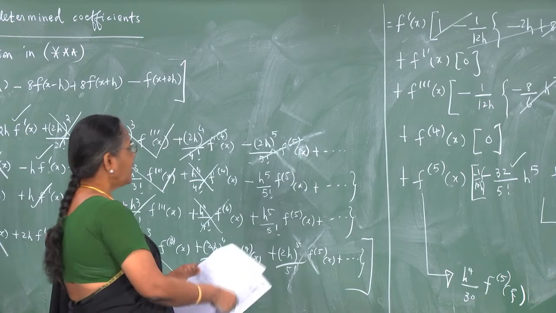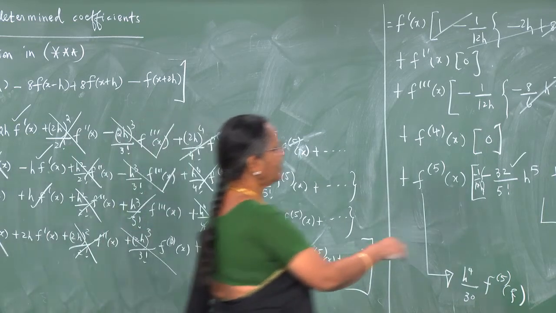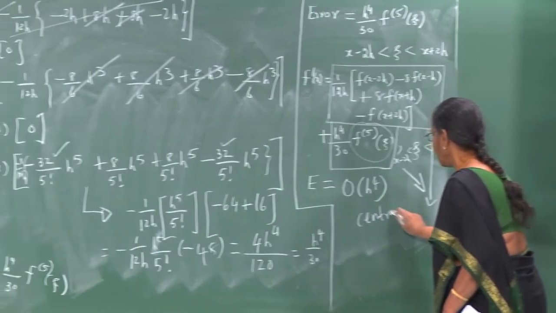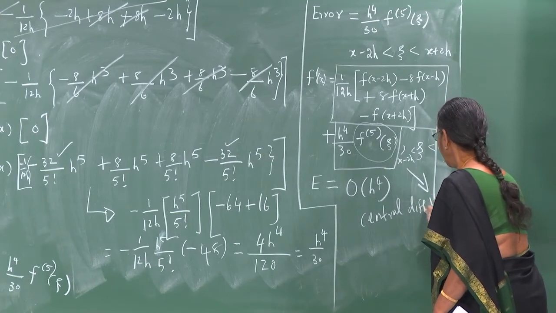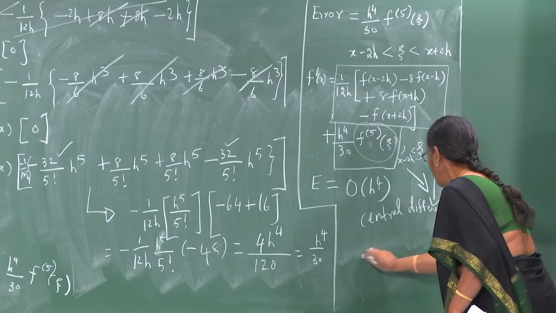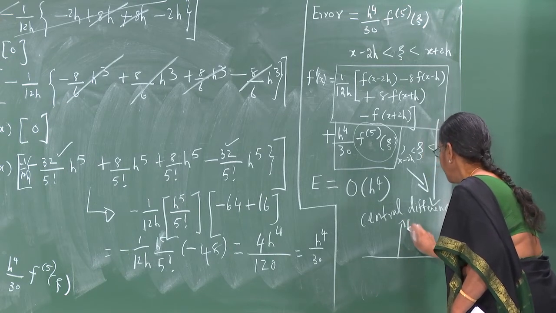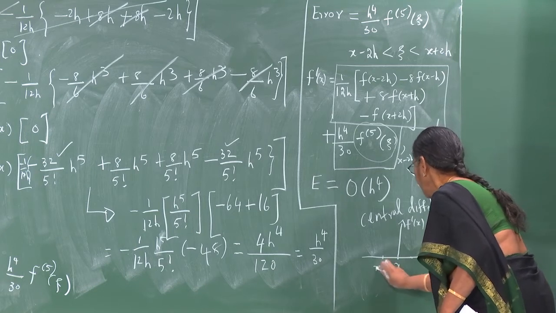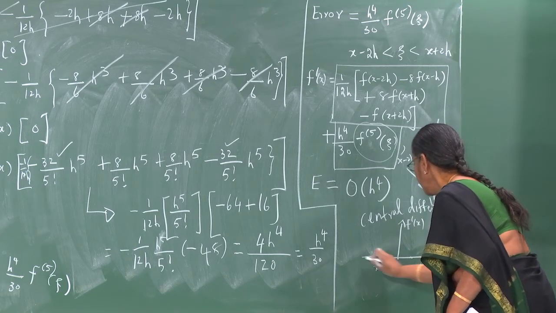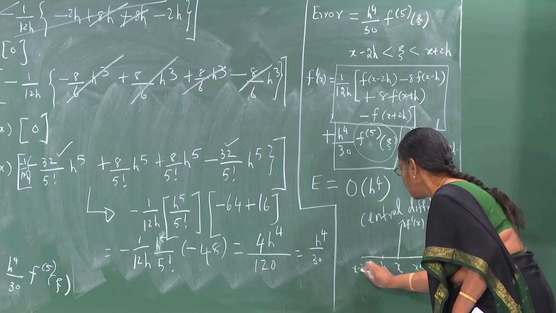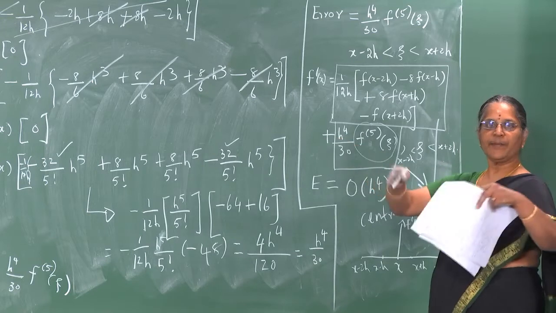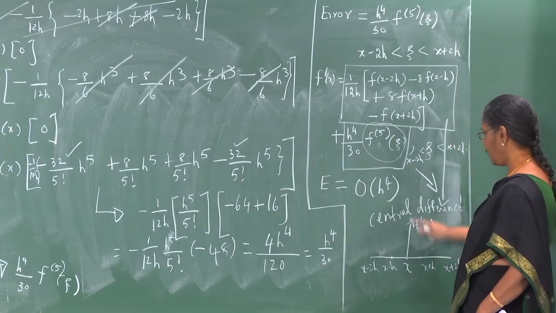So, another observation on this method is that this method is called a central difference approximation for the reason that you have been able to estimate the derivative at this point x in terms of the function values at x minus h, x minus 2h, x plus h and x plus 2h, which lie symmetrically on either side of this point x.